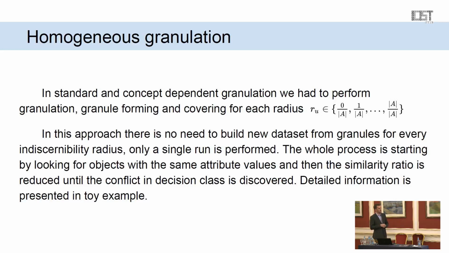But when we find some conflicts in a decision class, for example, when there are 2 objects similar by a given radius but the decision is different, then the conflict is discovered and the process is stopped, and we now know what the radius for the granulation is for this particular object.